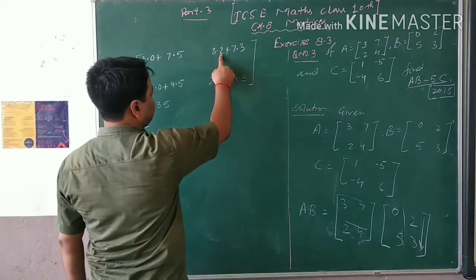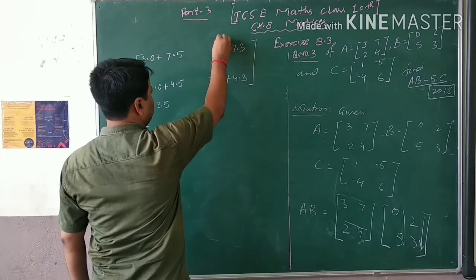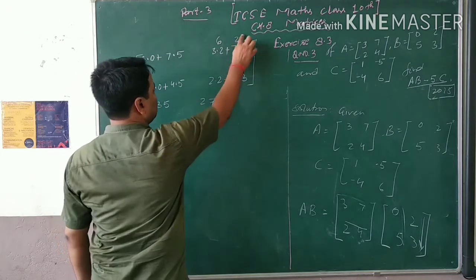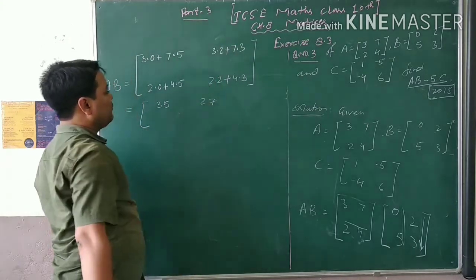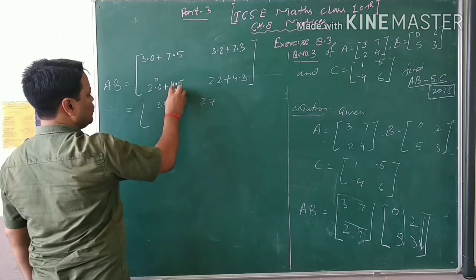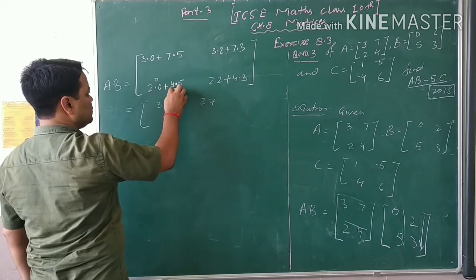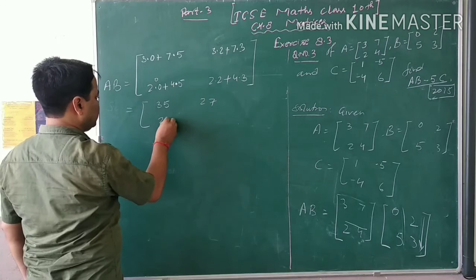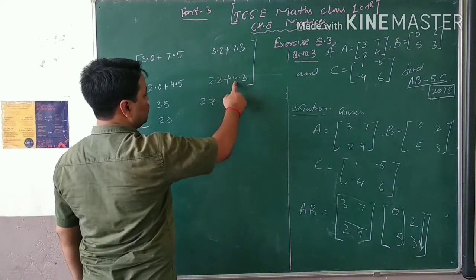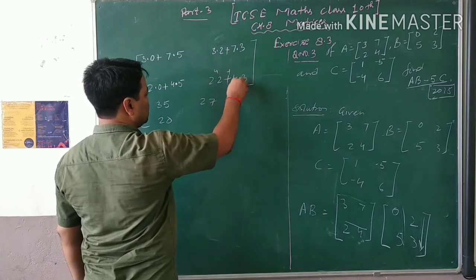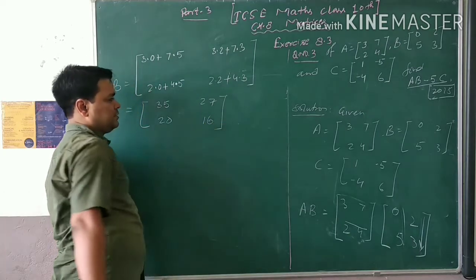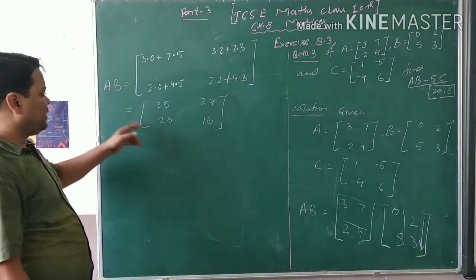Here 3 twos are 6 and 7 threes are 21, so 27. Now 0 plus 4 fives, that is 20. Then 2 twos are 4 plus 4 threes are 12, so 4 plus 12 is 16. It means AB is this matrix.